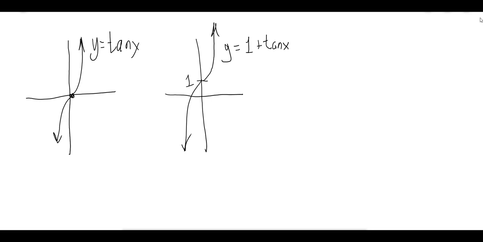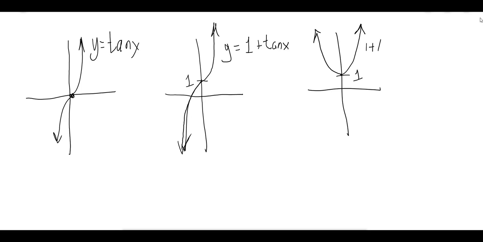And then if I square this, then that means that everything here, all these negative values of y are going to become positive, and the graph would look like this. So here we are at 1, and this is 1 plus tangent of x squared. Notice that you'll have infinitely many parabolas for all the periods. Notice how there's no x value that'll make this graph 0.